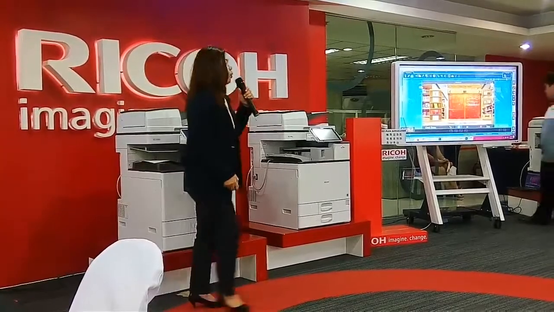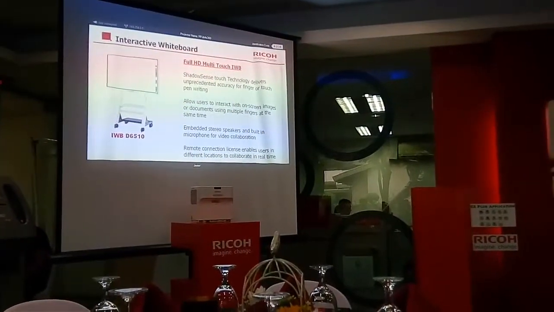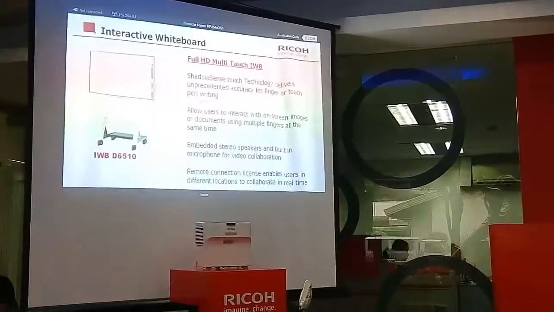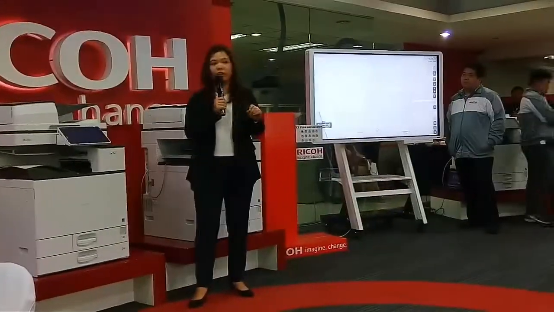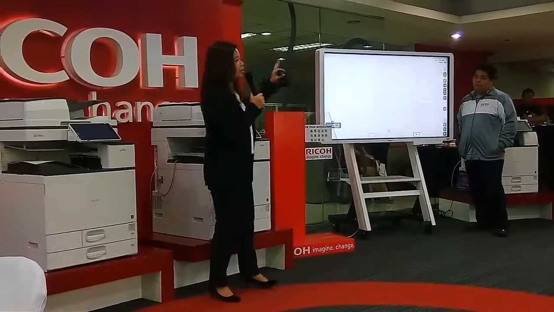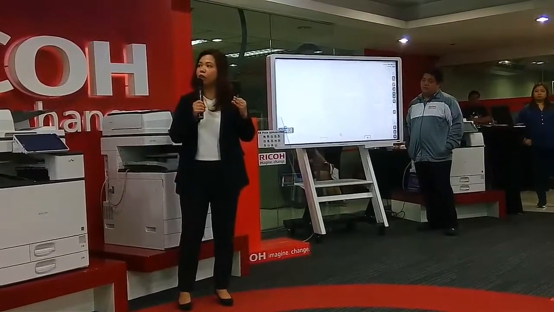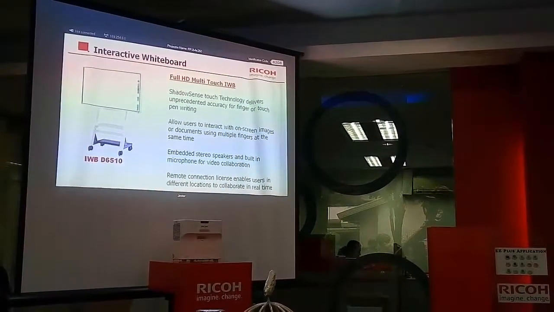Okay, next one is our IWB, this one. Our IWB is a full HD multi-touch interactive whiteboard. It has shadow sense touch technology that delivers unprecedented accuracy for finger or touch pen writing. So you can use your finger or your pen to write. It allows users to interact with on-screen images or documents using multiple fingers at the same time.